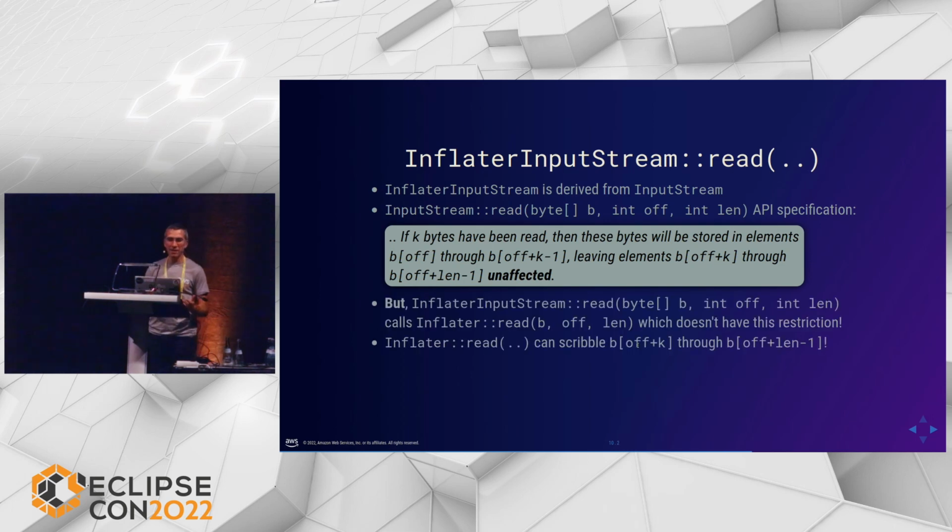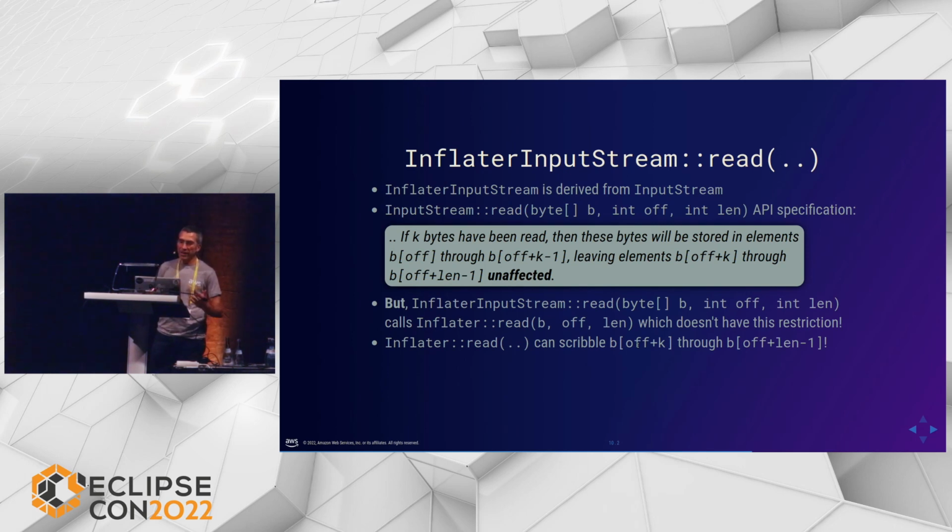On the other hand, InflaterInputStream calls Inflater.read. Inflater is the class which calls down to zlib to do the inflation, the decompression of the data. And Inflater.read never had this restriction, but it never caused any harm.